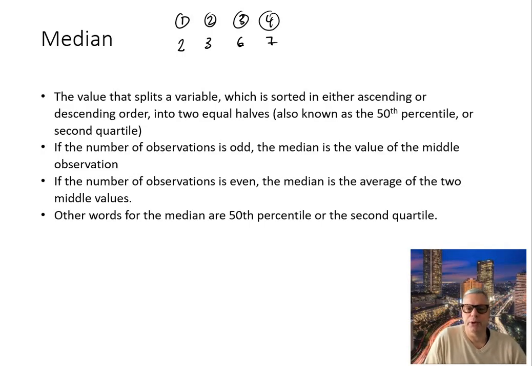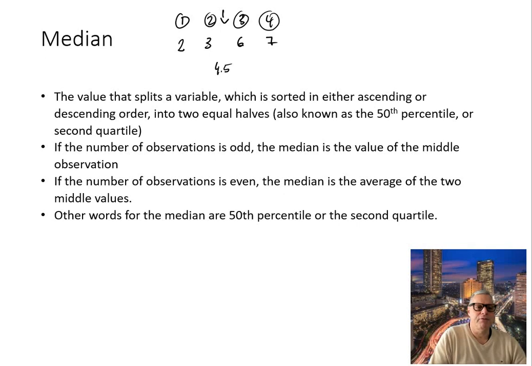Well, the midpoint now would be between 3 and 6, right? That means whenever the number of observations is even, the median would be, in a simple textbook exposition, the average of the 2 middle values. So the median here would actually be 4.5, because that's the midpoint between 3 and 6.